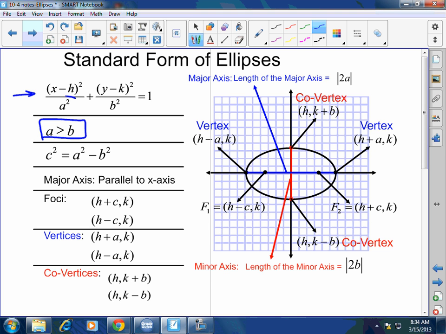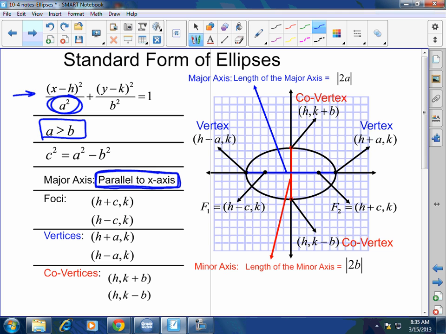When the denominator is larger under the x squared value, you have a major axis that is parallel to the x-axis. I'll repeat that. When the larger value is under the x squared section, your major axis is parallel to the x-axis.